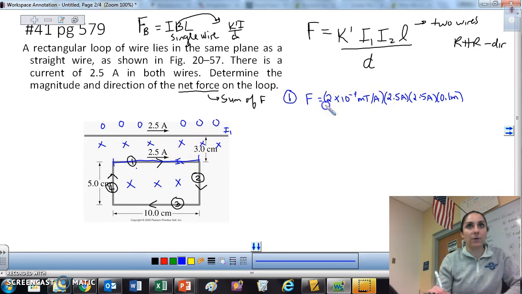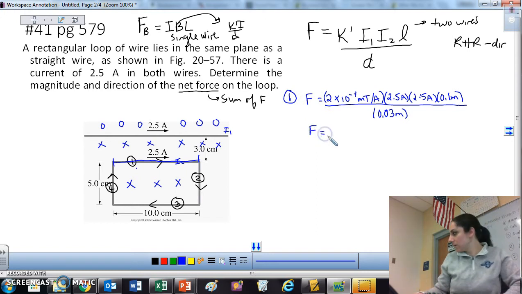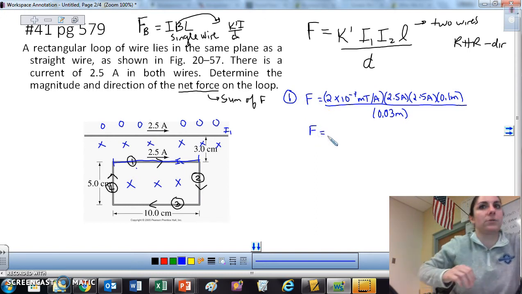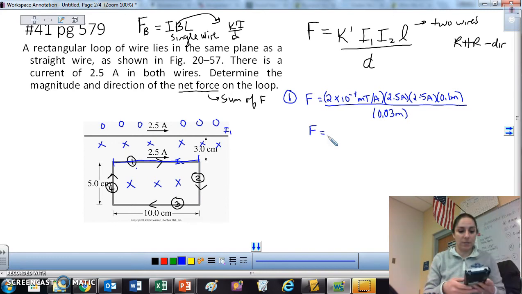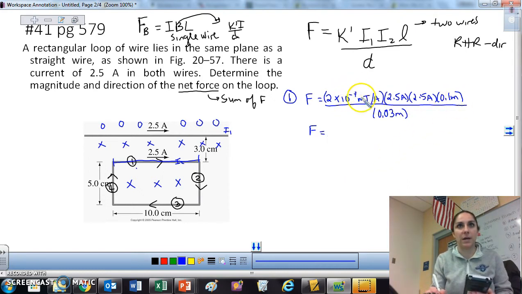So we're going to go ahead and convert that into meters, but that is the setup for a force. So it's not too bad. Okay. So let's calculate this out. Okay, so naturally we're getting small numbers because this happens to be pretty small.